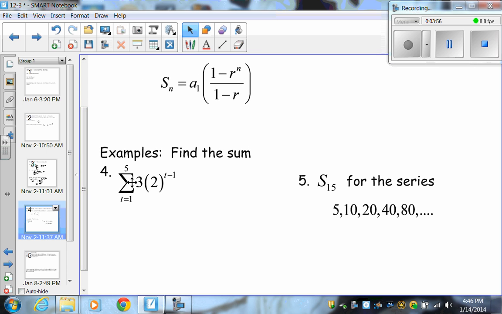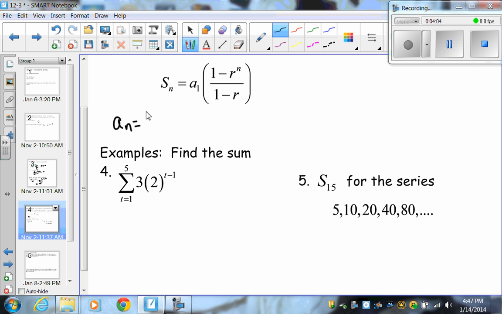In example 4, the first thing we're going to remind ourselves of is that the general rule for a geometric sequence is a sub n equals a sub 1 times r to the n minus 1. Notice this one is written in summation notation, with the capital sigma, where this is telling you your first term, this is telling you where it's ending, and this is your rule.